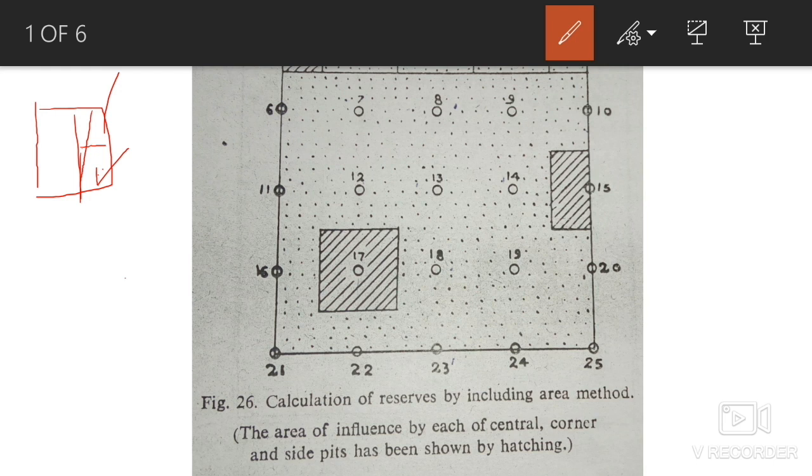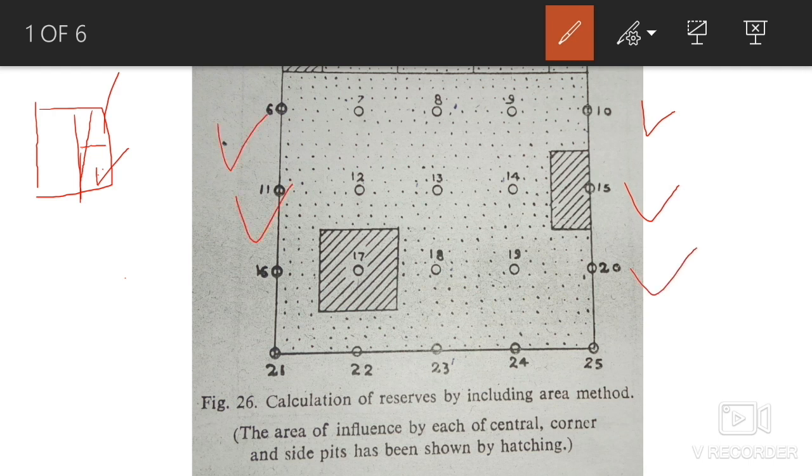full squares, and the side pits, which are 12 in number, each have half of the area of influence, as you can see in the diagram here, here, here, and these ones.